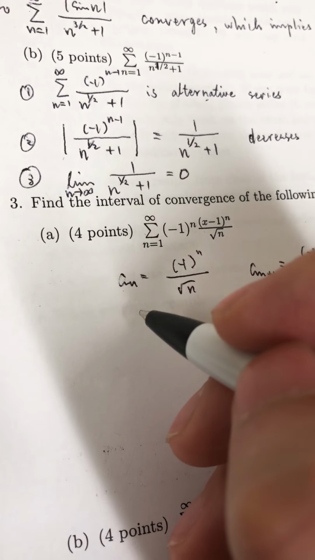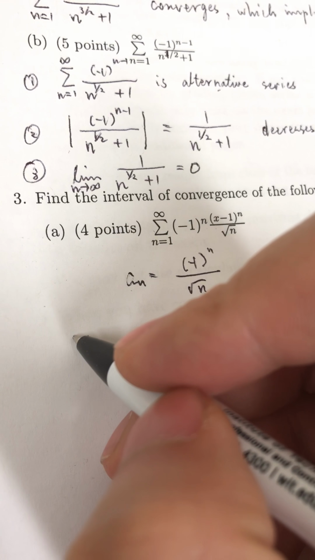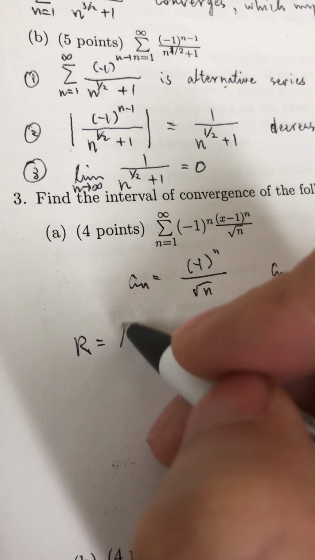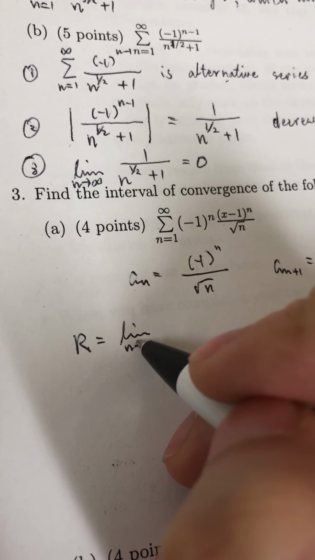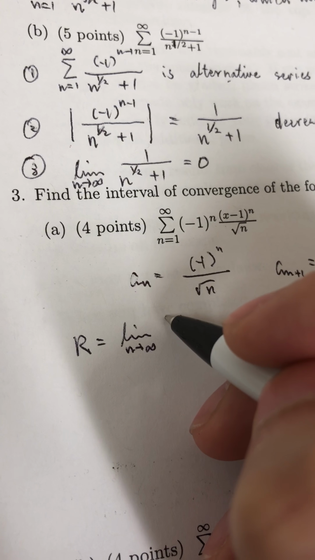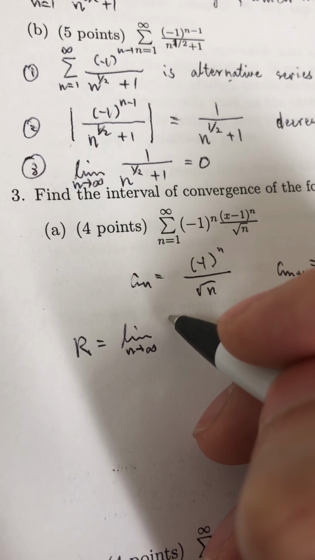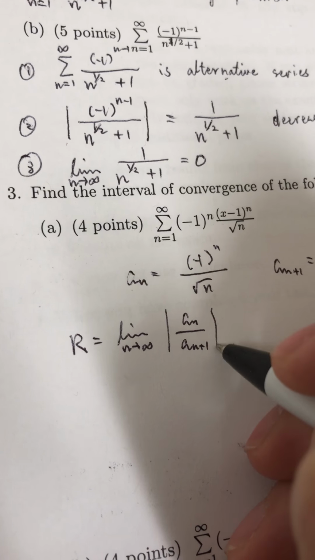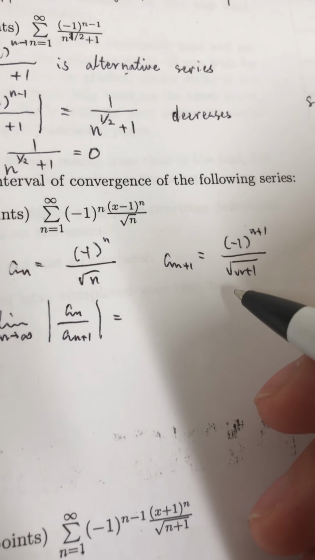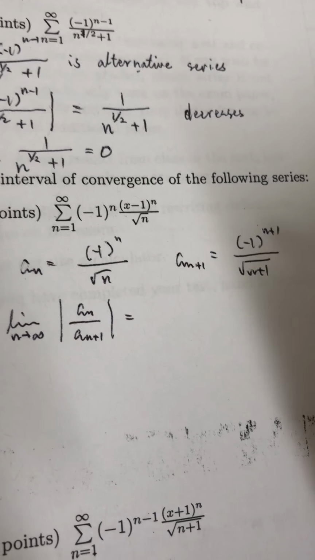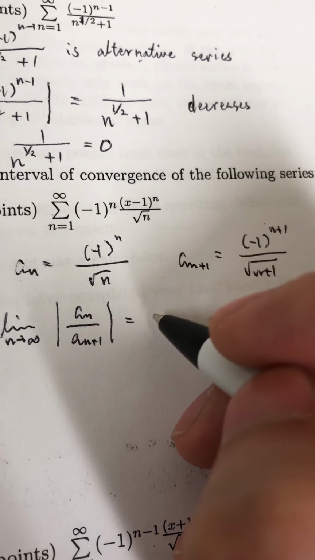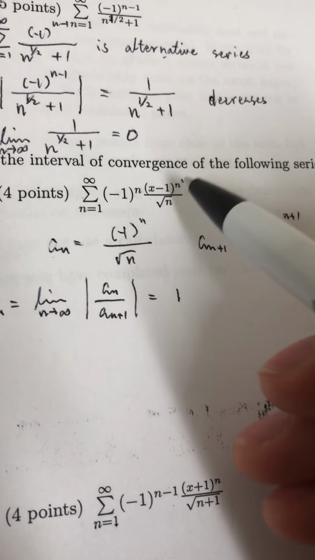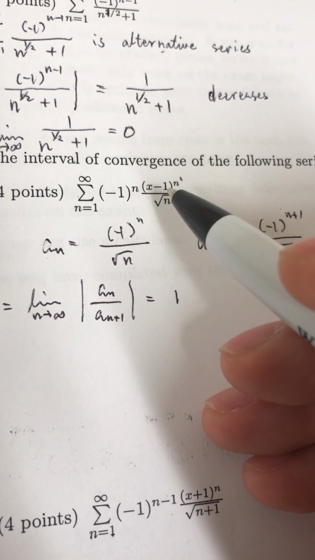You can use this formula to find this radius. That's the limit of the absolute value of an over an plus 1. It's very simple, you can do the calculation. It's equal to 1. And the center is 1.